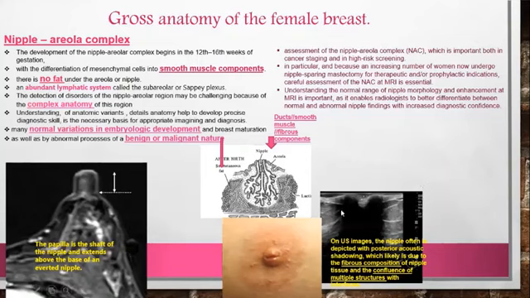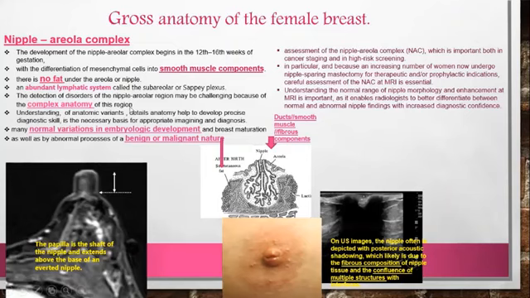Because of the smooth muscle and fibrous component, there is heavy shadowing on ultrasound. You see, we need to put more gel and use a different technique to avoid this and to visualize what is going on below the nipple.